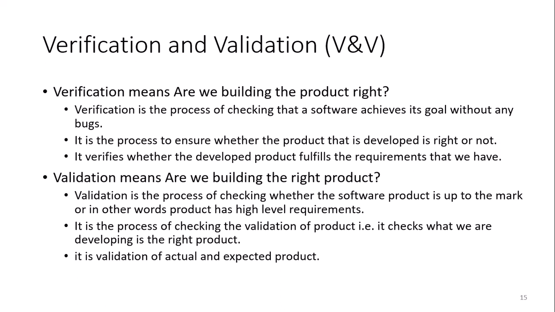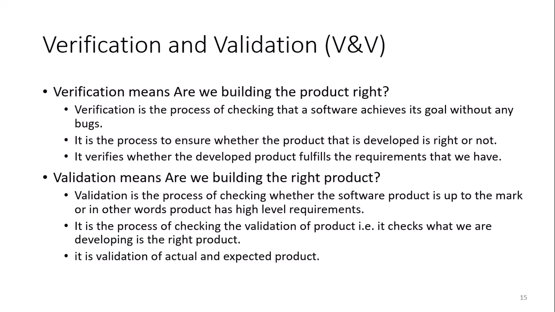Verification and validation, VNV. We can also call V model a VNV model because it includes verification as well as validation. As I stated, verification means are we building the product right? This means verification is a process oriented approach: are we building the product in the right way?